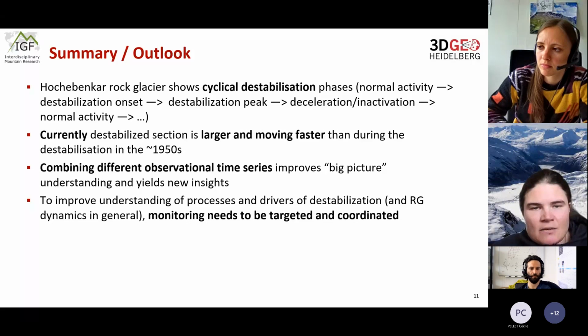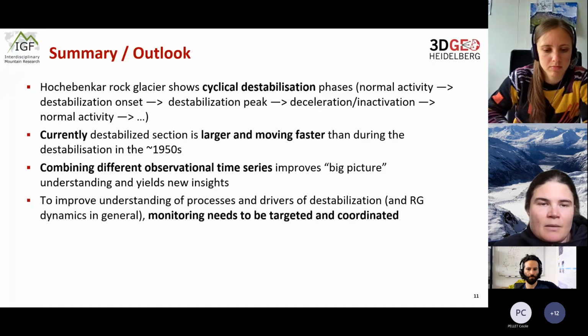The destabilization phases we see match really well this idea of a cycle of destabilization, which is also described in mostly Marco's work and some of Alessandro's recent papers. It goes from normal behavior associated with permafrost creep to destabilization, which is more of a landslide-like movement, and then deceleration, potentially inactivation. And in our case, we then see another onset of this destabilization.